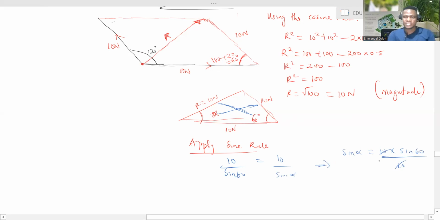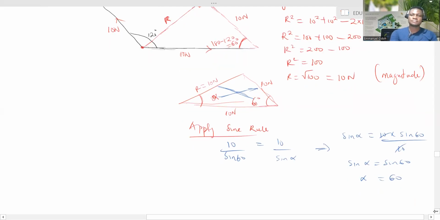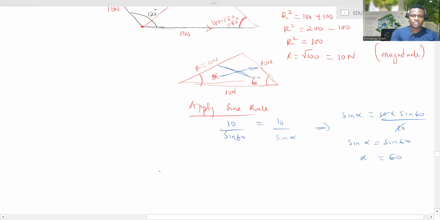So basically, we still have the same thing. So sine alpha equals sine 60, so alpha is still 60. That means the resultant force is 10 Newton, at the direction of 60 degrees.